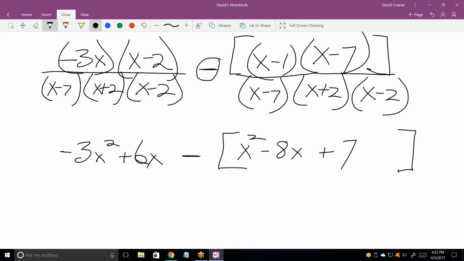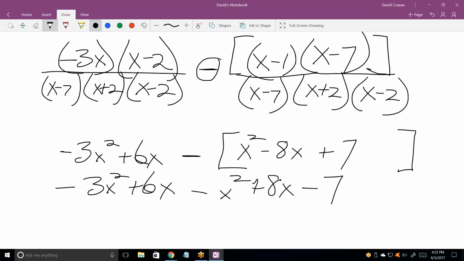Now, let's simplify the top. Remove the brackets. What do I have left? It's negative x squared plus 8x minus 7. Now simplify. How many x squareds do you have?